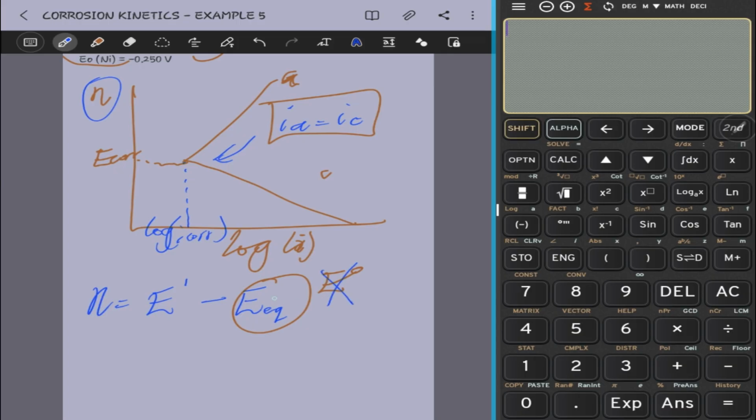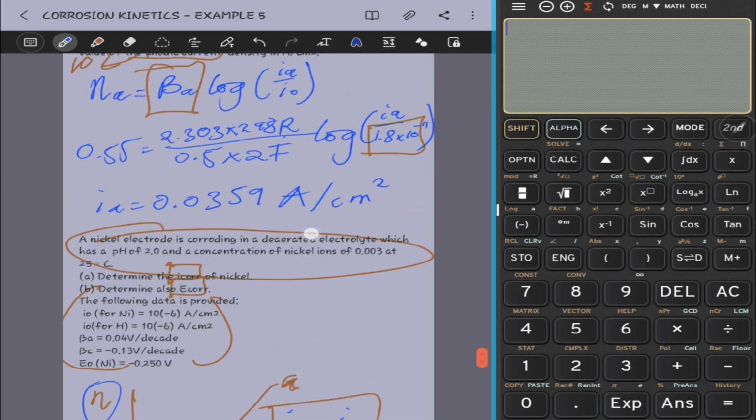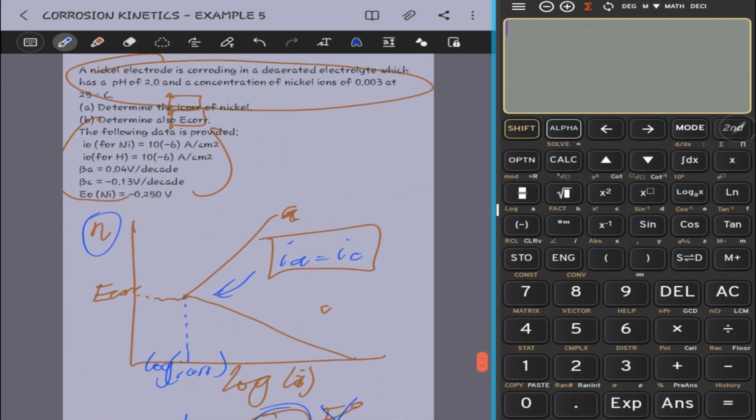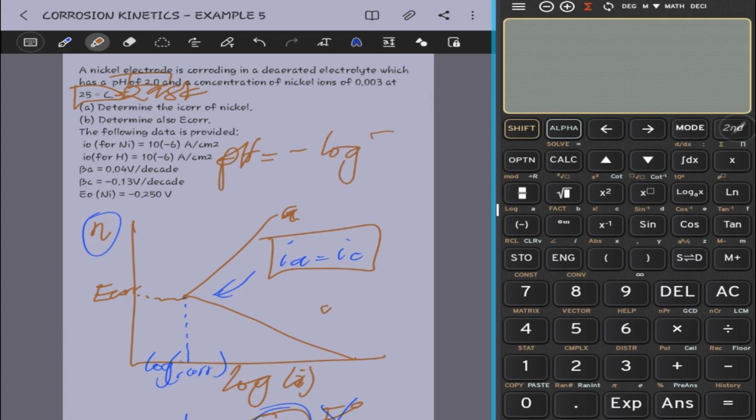So if it is not under standard state, we use the next equation. This particular example is not under standard state, because even though the temperature is 298 Kelvin, the pH here is 2. It doesn't make the concentration of the hydrogen 1, because we know that pH is equal to minus log of the concentration of H plus.